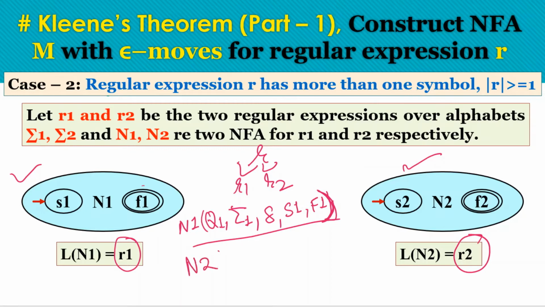Similarly for the machine N2 we have the set of states Q2, the set of input symbols sigma 2, the transition function, S2 as the start state, and F2 as the set of final states for N2. So we use notation 1 for regular expression 1 and 2 for regular expression 2.